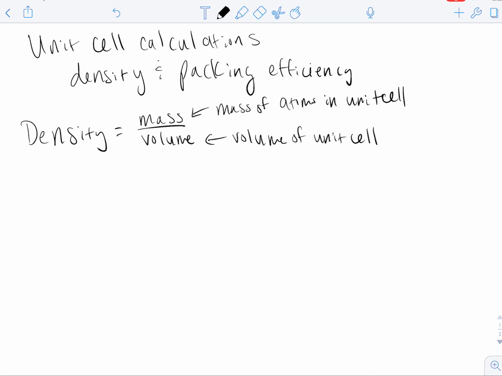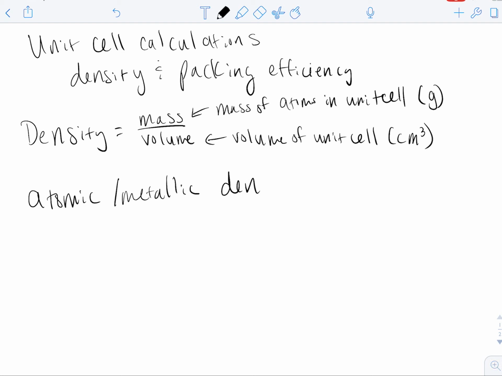Since we are talking about a solid, this is going to be grams over centimeters cubed. Okay, so we're going to be looking at atomic or metallic densities.